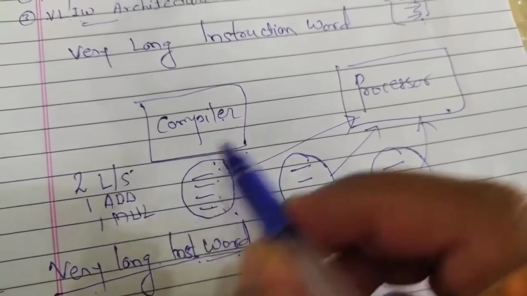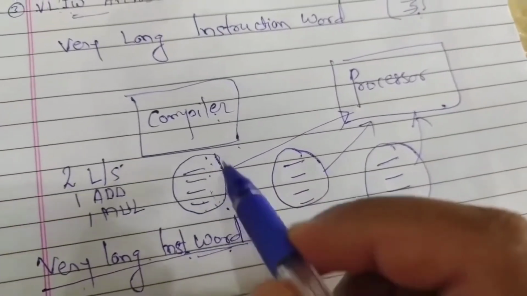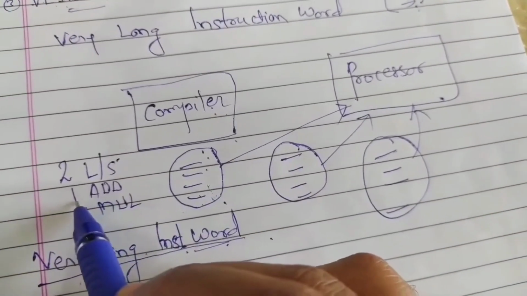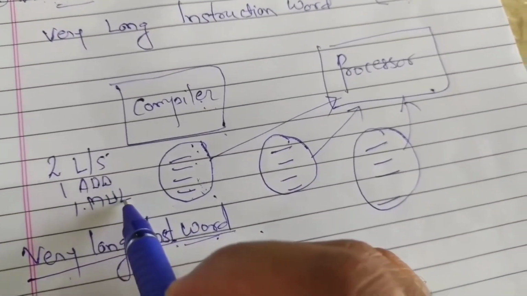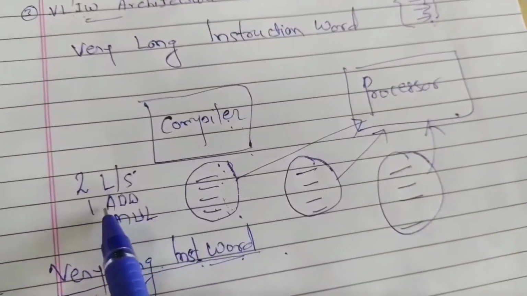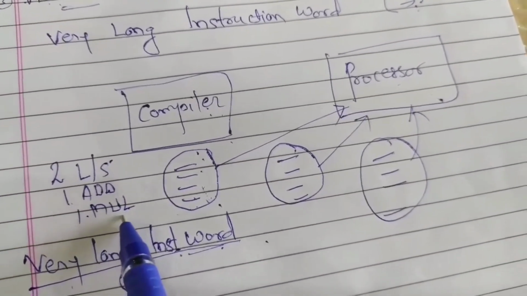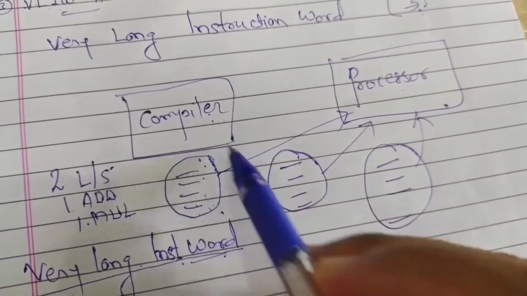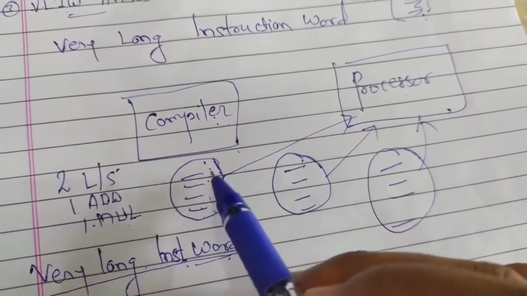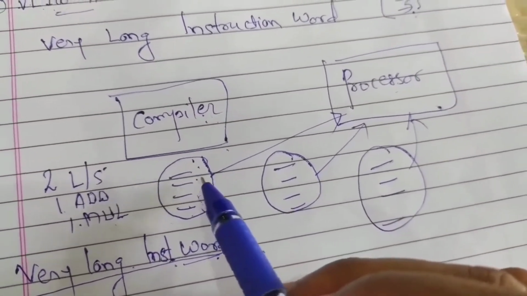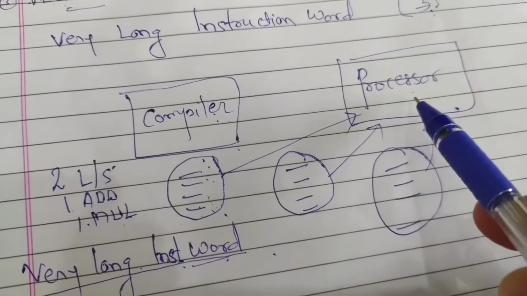So compiler has to group operations accordingly, so it cannot take 2 addition operations or 2 multiplication operations, as processor is providing only one functional unit for addition and one functional unit for multiplication. So how is the compiler grouping them? Based on, one, there should not be dependency, and two, how many functional units are provided by a processor.